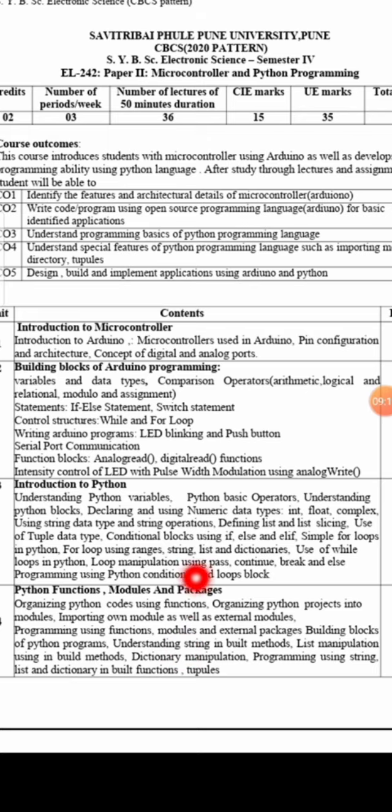We are going to study small programs in this chapter by using Python functions, modules, packages and variables, data types in Python. So this paper 2 really belongs to the programming language.